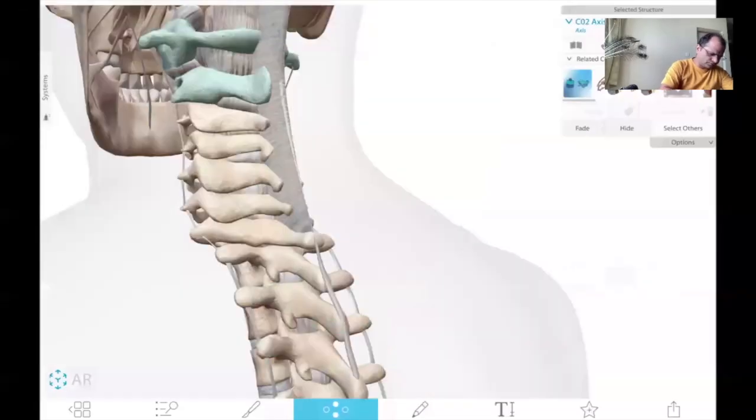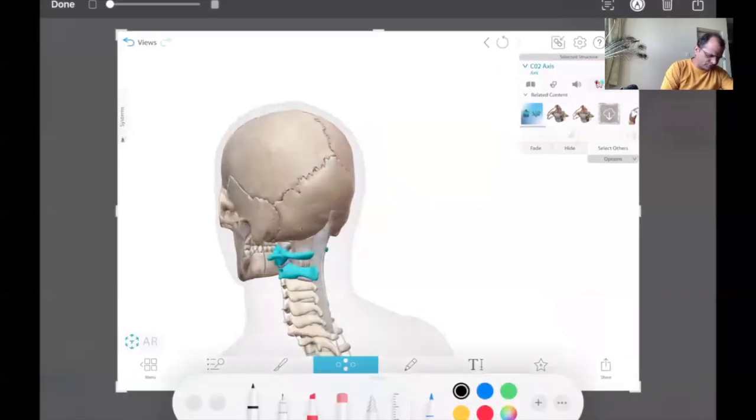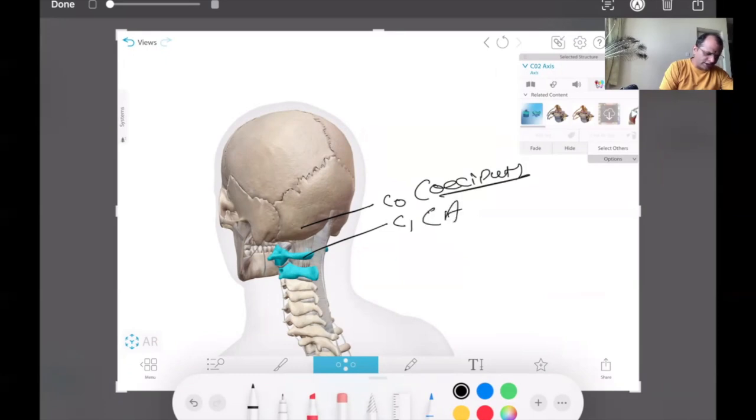So occiput means we are considering as a C0, and this is cervical vertebra 1. So this is the occiput, and this is the cervical vertebra number 1, which is the name of this vertebra is atlas. इस vertebra को हम कहते हैं atlas.